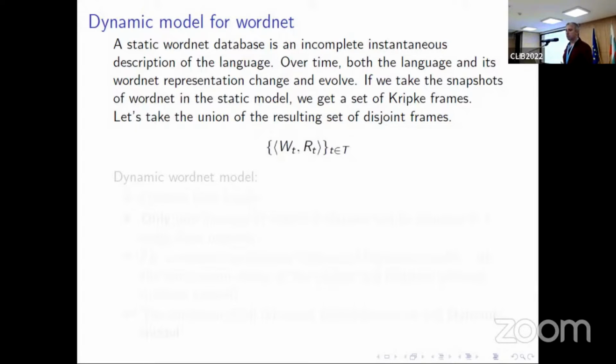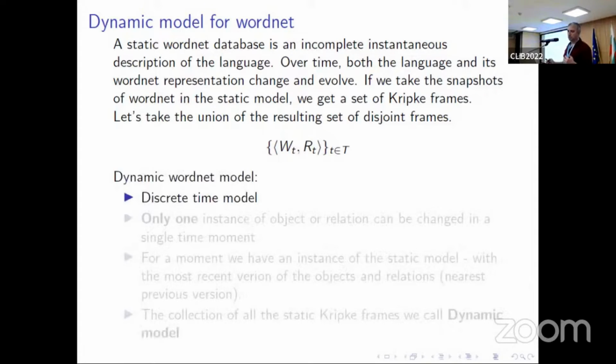So if we make the union of them, if we consider these static models to be disjoint from each other, we will receive a big Kripke structure, Kripke frame, that has a static model for every single moment of time. So somehow we have all of the versions of all of the data and all of the instances of the relations in one database.